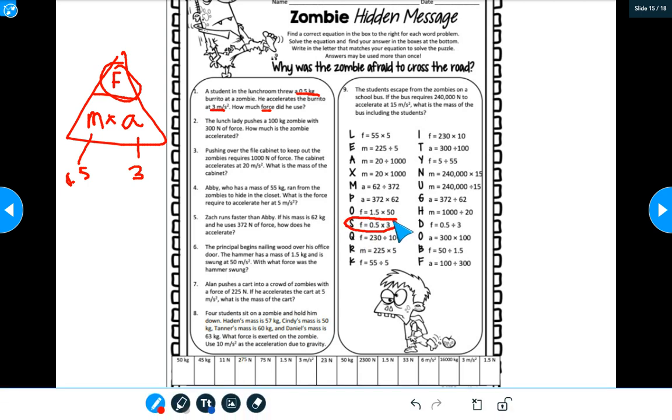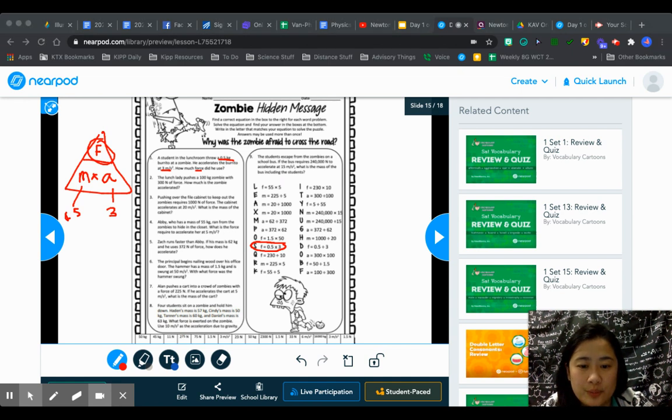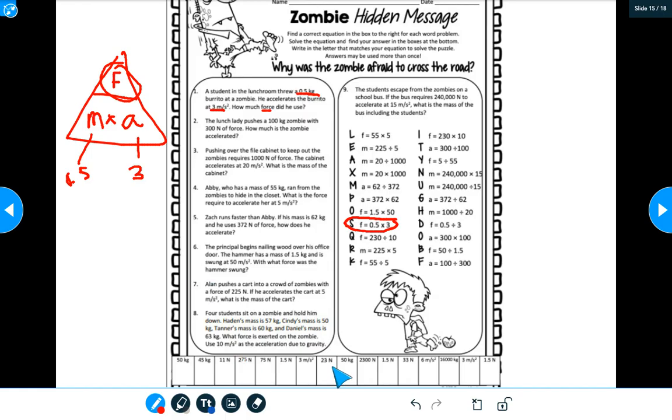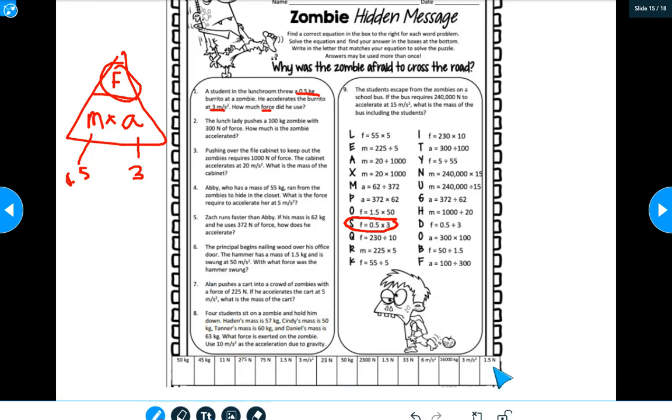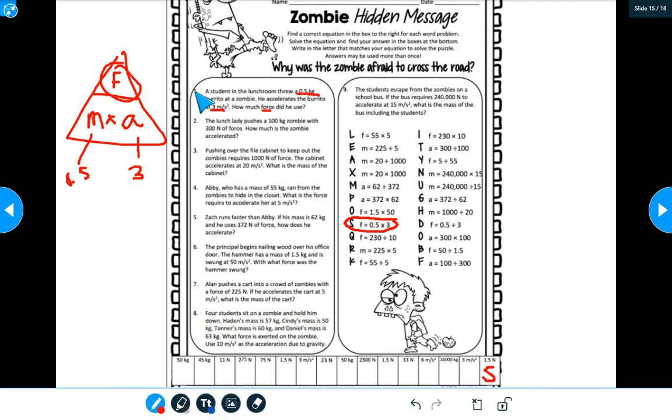And if I want to do it right now, I can figure it out on the calculator. 0.5 times 3 equals 1.5. It's 1.5 newtons. 1.5 newtons is right here. So I know that my S is right here. Then I move on to number 2.